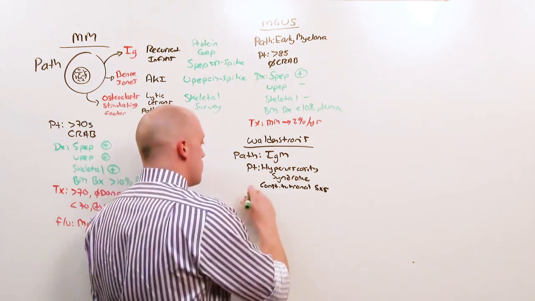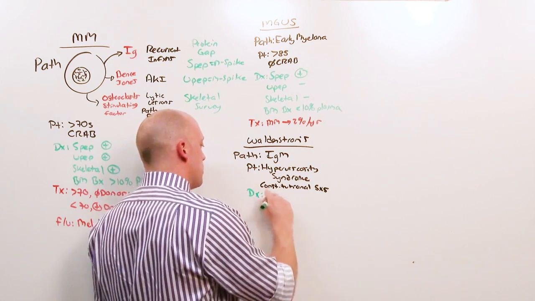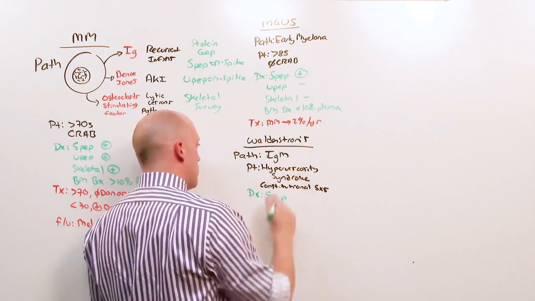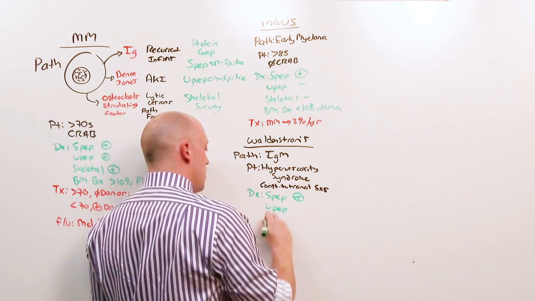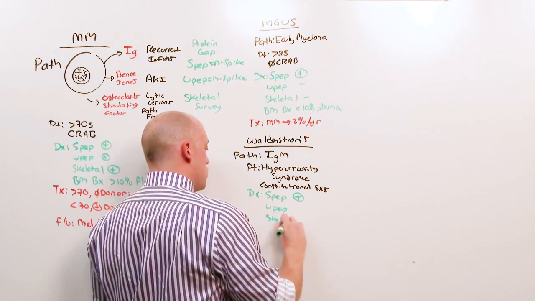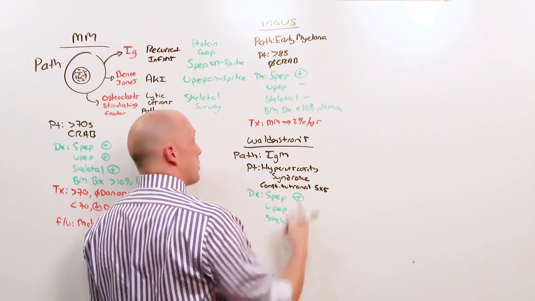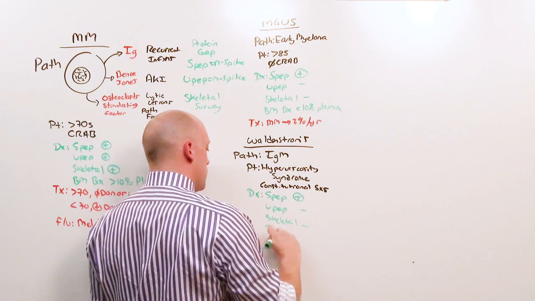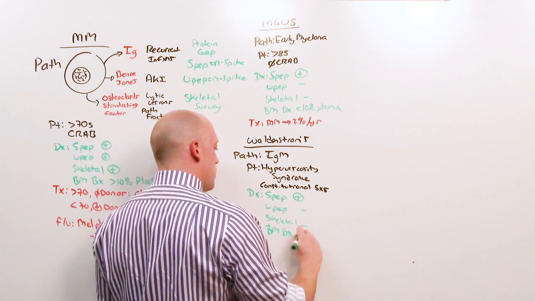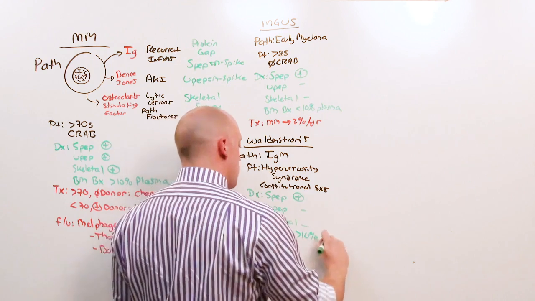The diagnosis is similar, right? So you're going to get an SPEP, and there's still a monoclonal expansion of that IgM, so it's positive. The UPEP and the skeletal survey are usually negative. So now you're starting to think it looks like MGUS, but they have symptoms. The bone marrow biopsy is going to show greater than 10% lymphoma.